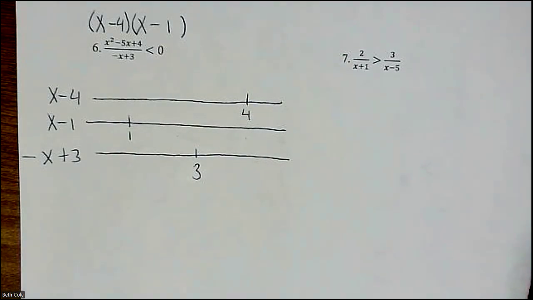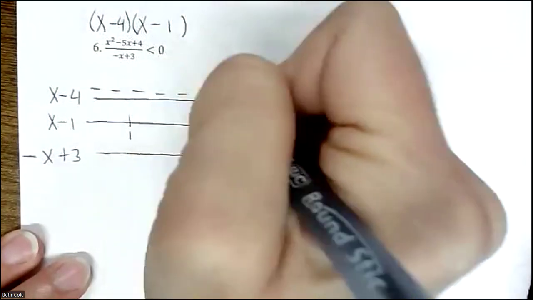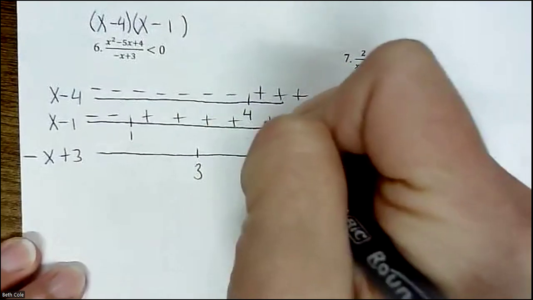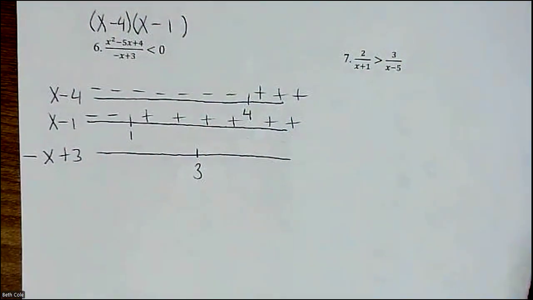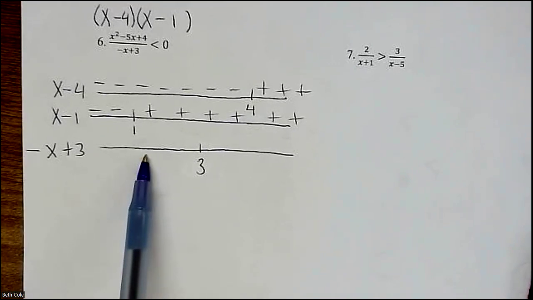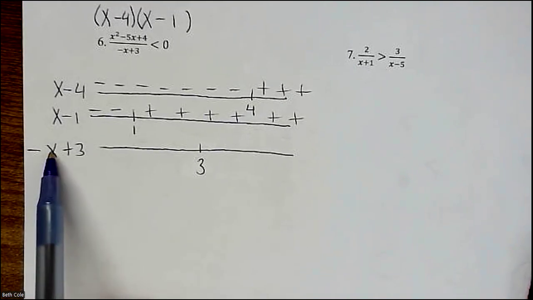So the ones where nothing weird happened, they're going to be negative and then turn positive. For the other one, we'll pick a test number and just see what happens. Let's pick a number smaller than 3. So 2. If you plug 2 in for X, I don't need to know what it actually is, just is it positive or negative? You plug a 2 in there. Do you guys see how that would be positive?